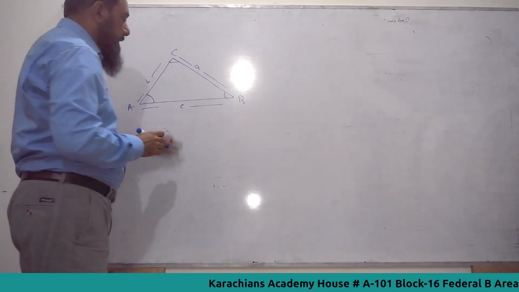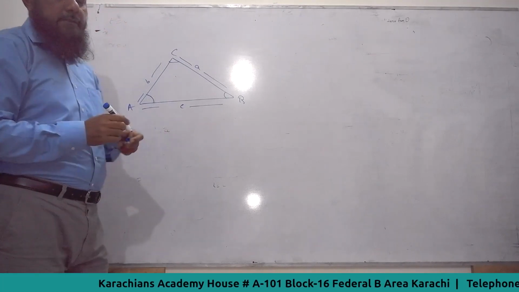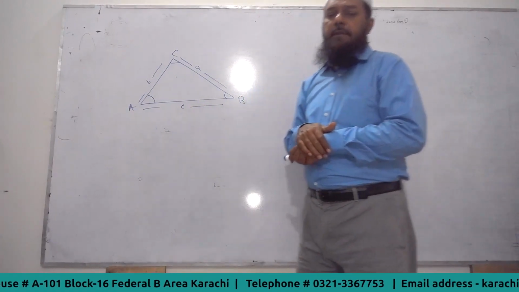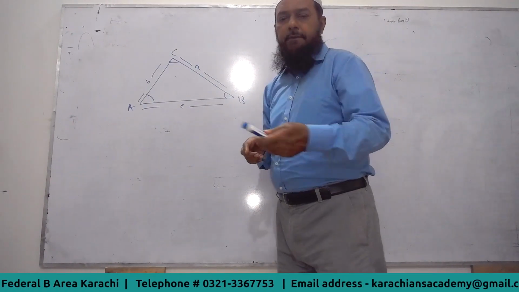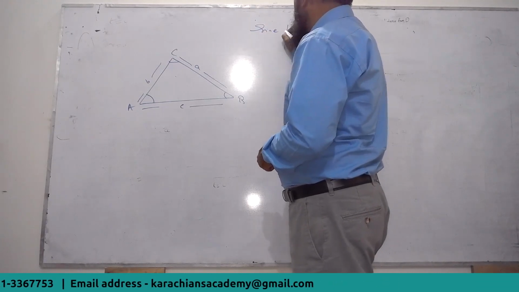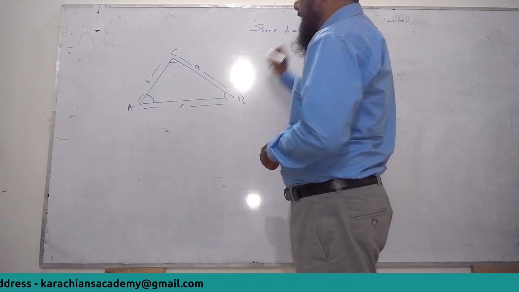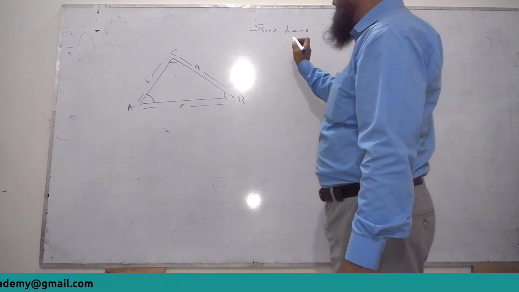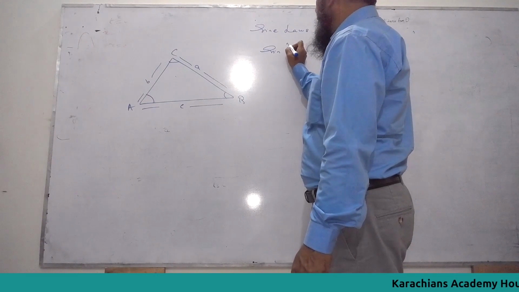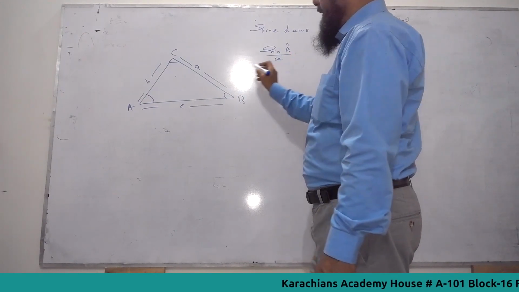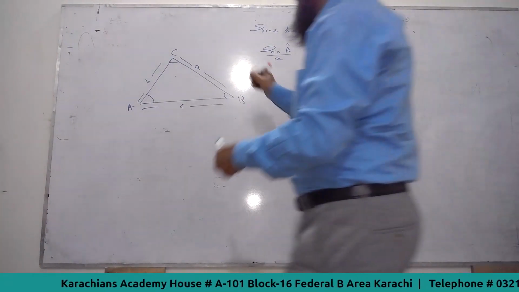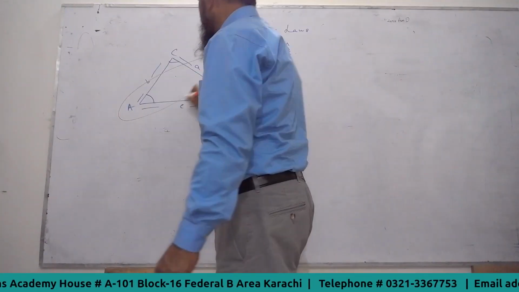So I can apply two different laws onto this triangle, and these two laws are called the sine law and the cosine law. First of all, we discuss the sine law, or sine rule. Here we may use a formula like sine of angle A over the opposite side a; these two are members of one family.